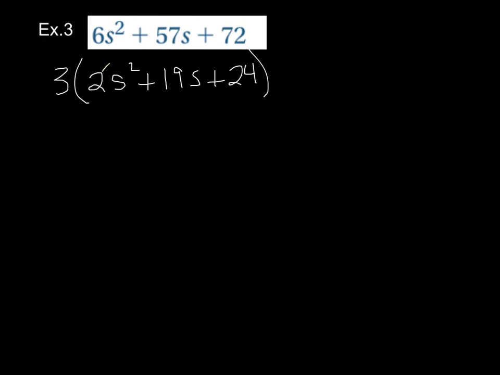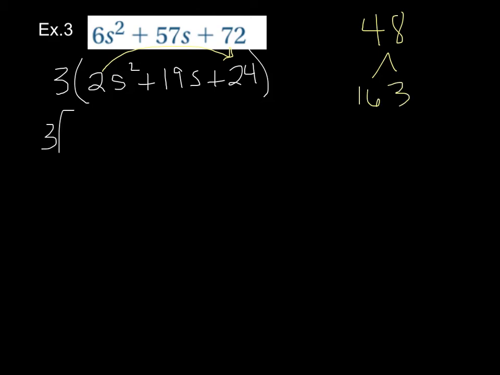So then the next step is to take a times c, which gives me 48. And I need two numbers that multiply to 48, but add up to 19. And those are going to be 16 and 3.